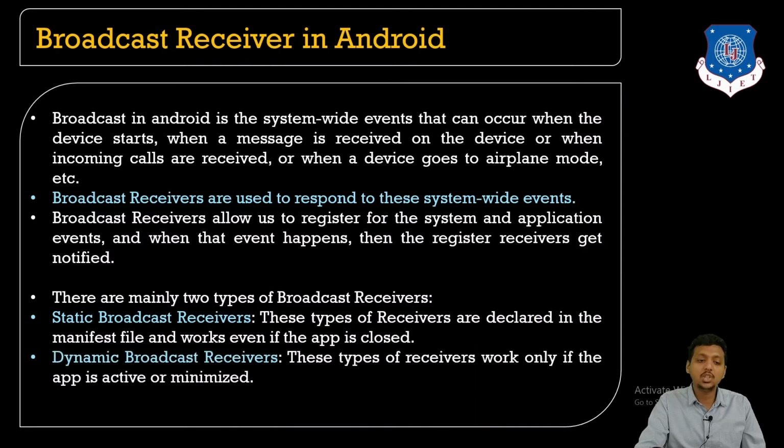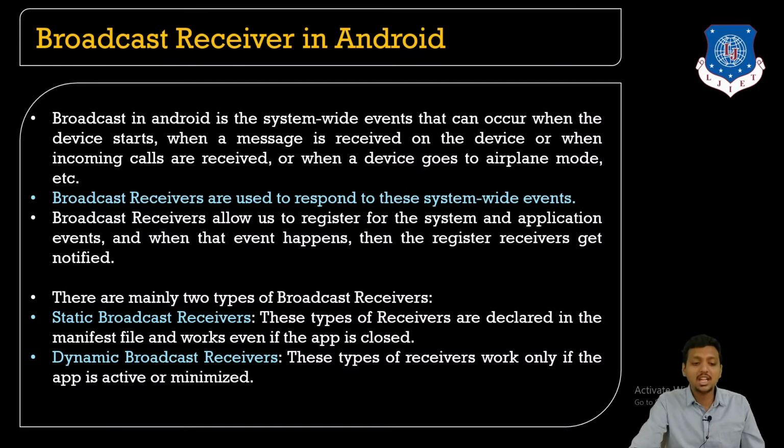There are mainly two types of broadcast receivers: one is static, one is dynamic. Static broadcast receivers are declared in the manifest file and work even when the app is closed. That means, even if the app is closed, the static broadcast receivers are working because they are defined in the manifest file.